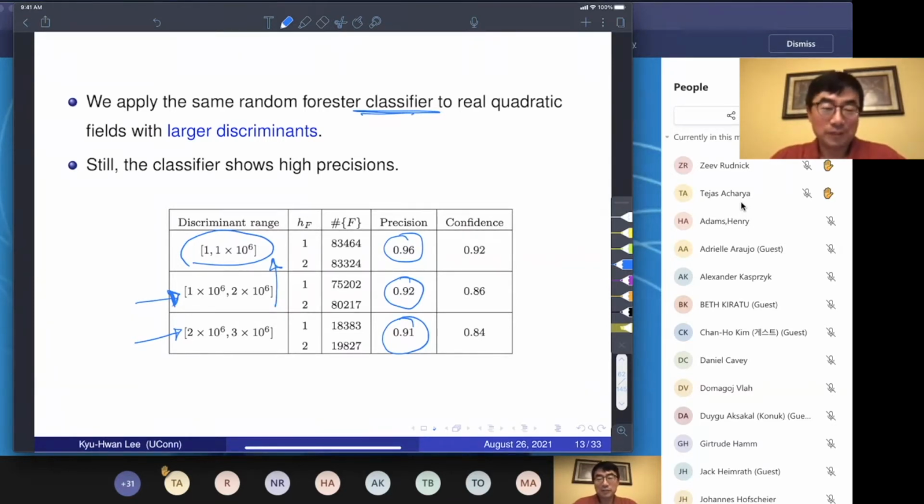Then we just calculated the zeta coefficients, because zeta coefficients in principle have all the information about the number field, about the quadratic field. Of course, we have to know all the zeta coefficients, or it may depend on the field. But anyway, the zeta function has basically all the information about the quadratic number field.